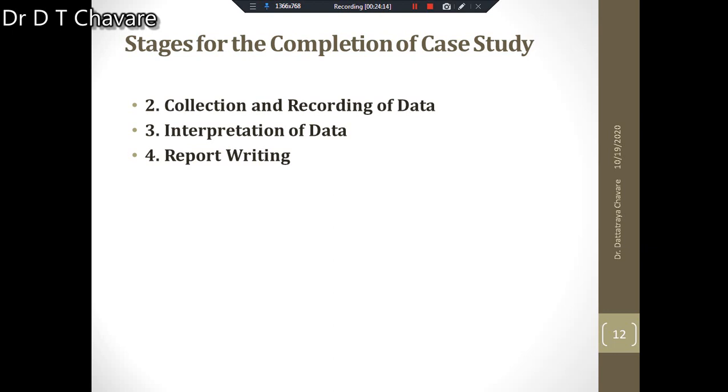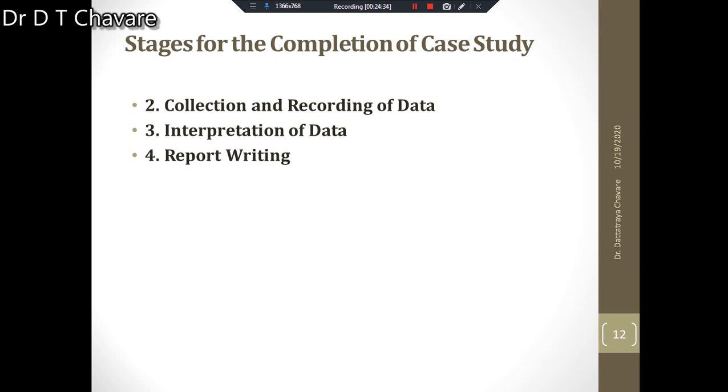My friends, try to understand, the procedure and findings of the research are communicated effectively. But how can you communicate it effectively? You can communicate with the help of the report. You can communicate effectively through report writing.